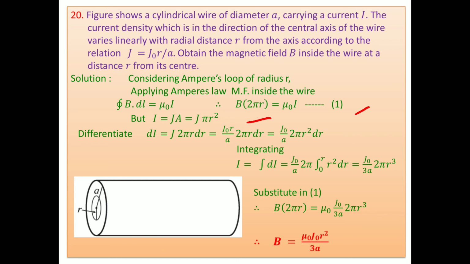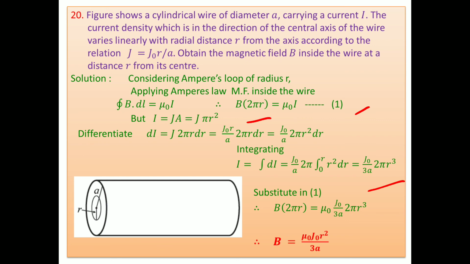I equal to integration of di, substituting these values, J naught upon A 2 pi constant, integration of r square dr, with limits of integration 0 to r. Then after integration, r cube upon 3, and thereafter you get this answer.